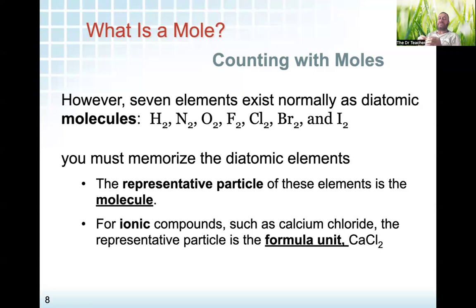A molecule can be formed from at least two bonded atoms. So a simple thing is an atom, and then you go to a molecule. For ionic compounds such as calcium chloride, the representative particle is the formula unit. We write it as a formula, CaCl2.